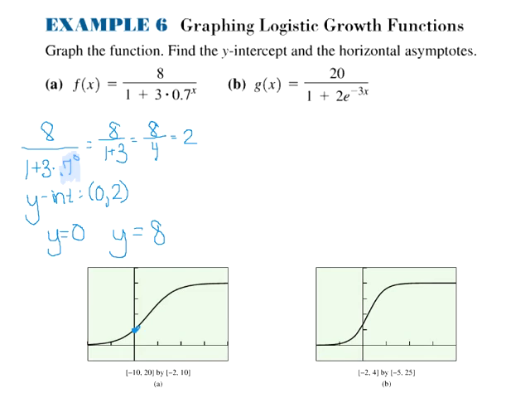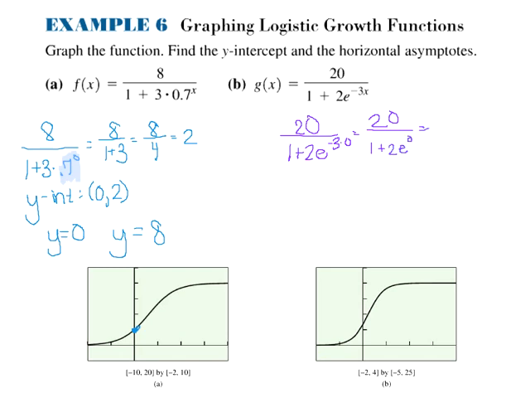So let's find the y-intercept in part B. All right, it looks a little intimidating, right, because you have the e in there, but really e is just another form of an exponential function that's occurring. -3 times 0 is 0, so you have e to the 0 power.